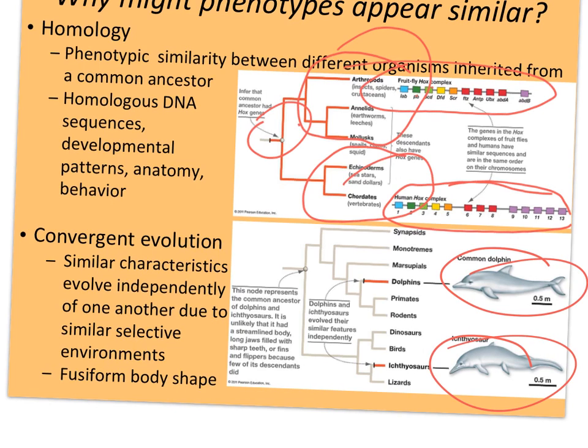In other words, they lived the same sort of life, did the same sort of things as each other, and so they ended up looking similar. But this is a reptile, a seagoing reptile, and this is a seagoing mammal. And they each lost their limbs at separate times.